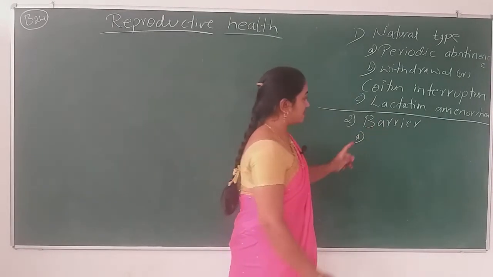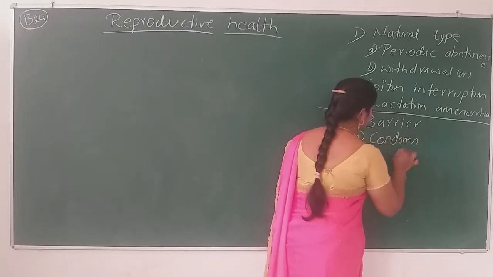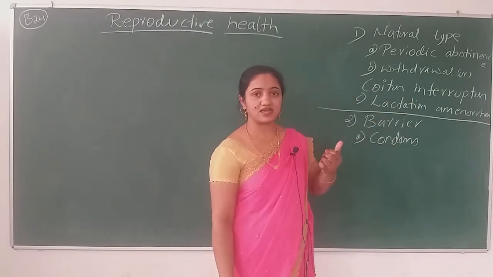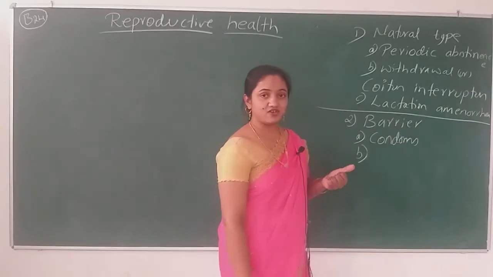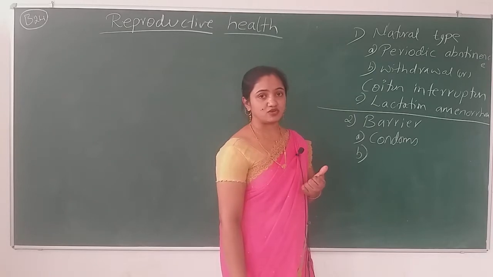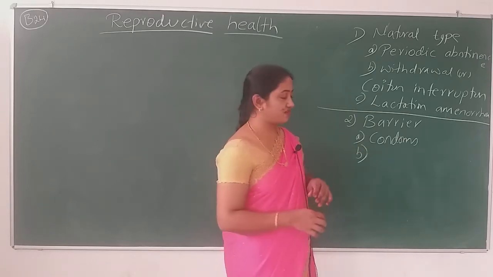In the barrier methods, the first one we studied in the last session is condoms. There are two types: one is for males and one is for females, which are also called condoms for male and female.